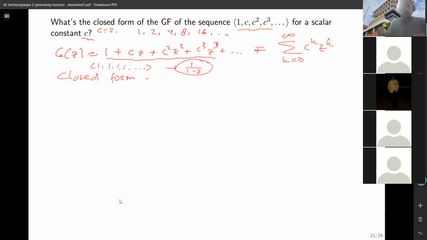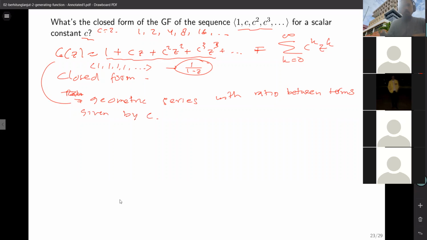So this is a geometric series with the ratio between terms given by c, because, for example, a1 over a0 is c, which is also a2 over a1, a3 over a2, and so on. They are the same. It's all c.